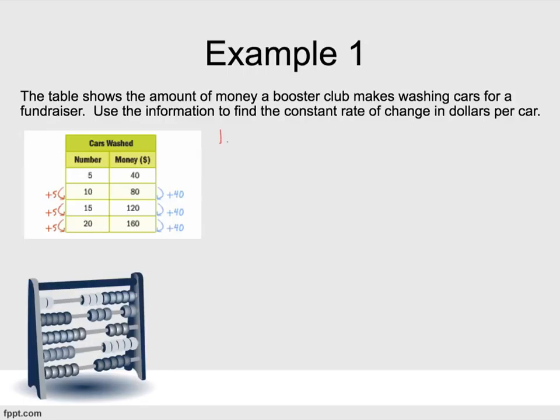Number 1. Find the unit rate to determine the constant rate of change.